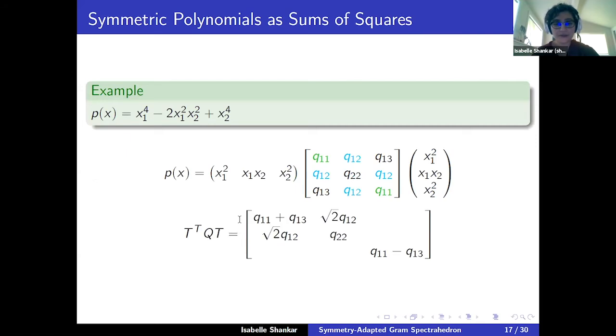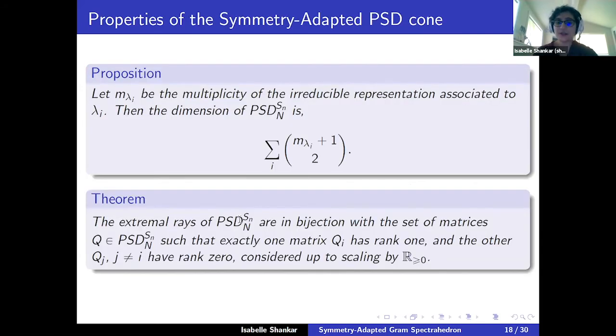So what we found, in fact, is that the extremal rays of the symmetry adapted PSD cone are in bijection with the matrices defined in this way. I guess that's the best way to say that. Meaning that the ranks of those matrices that define the extremal rays are going to be exactly the dimensions of the irreps that appear in your decomposition.